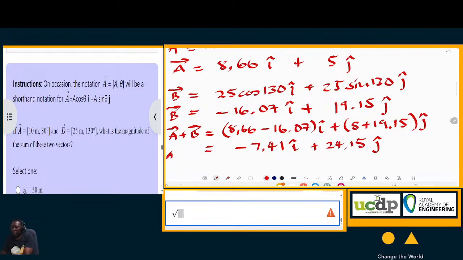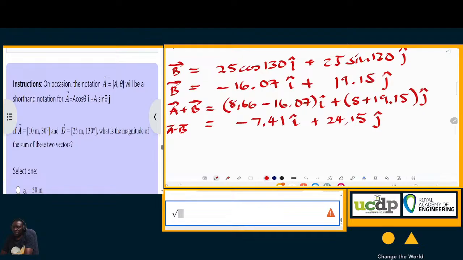From here we apply Pythagoras theorem. The magnitude of A plus B from Pythagoras theorem will be the square root of negative 7.41 squared plus 24.15 squared.